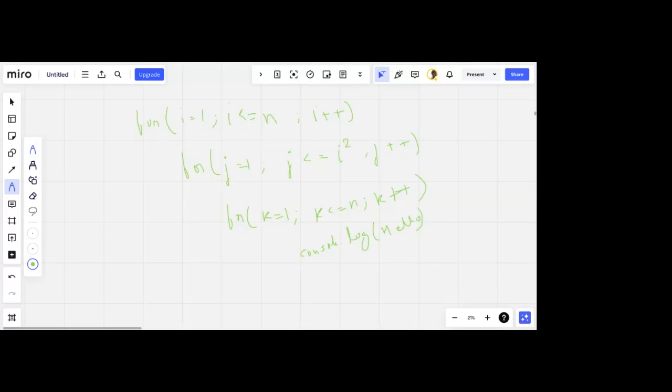Okay, n cube is also not the correct answer. N square is also not correct. Big O of 1?